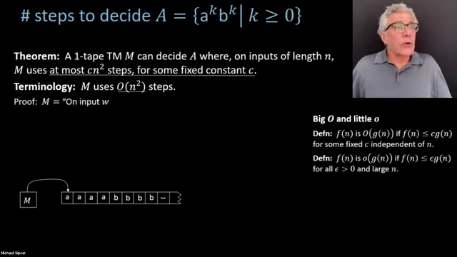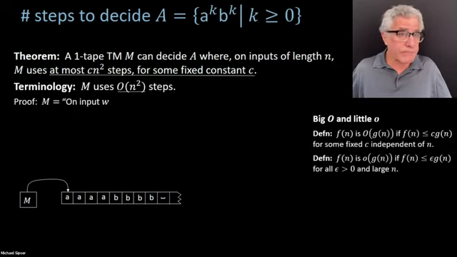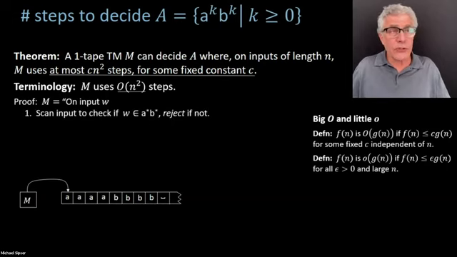Okay, so let's get to the proof of this theorem, that you can decide the language A in order n squared steps. Not super hard. If I asked you to come up with an algorithm to solve A, this would be the algorithm you would find. First, you scan the input, W, to make sure it's of the right form: a run of A's followed by a run of B's.